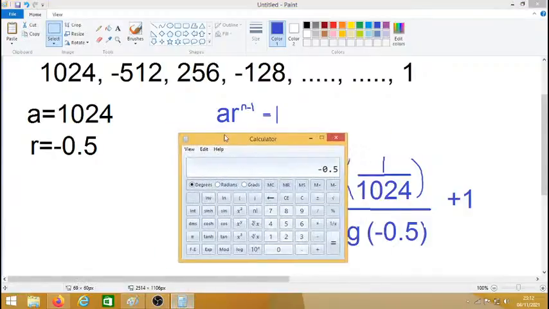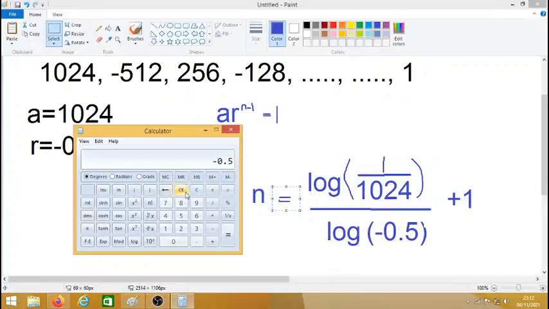So let's try that on this one. If it works, I'll be very, very surprised. So on the top, I've got log. No, on this calculator, it wants the number to work out the log of first. So let's give it that. So I need the log of that.